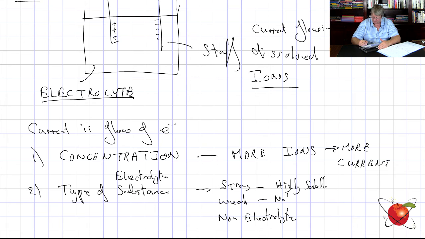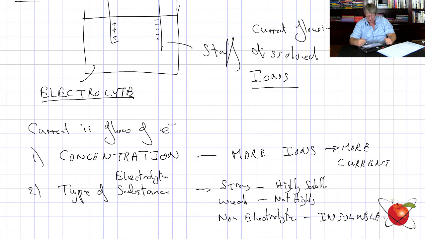A weak one is not highly soluble. Okay, not insoluble, but not highly soluble. Non-electrolyte is stuff that is insoluble in water. Okay, insoluble, right? Now, by the way, these non-electrolytes, let's just leave that for the time being.